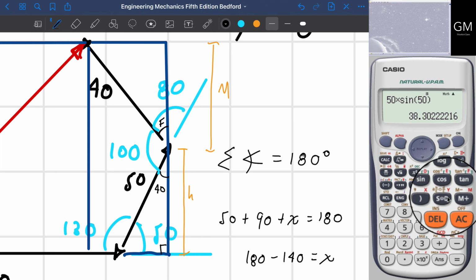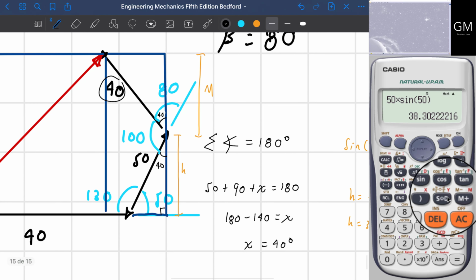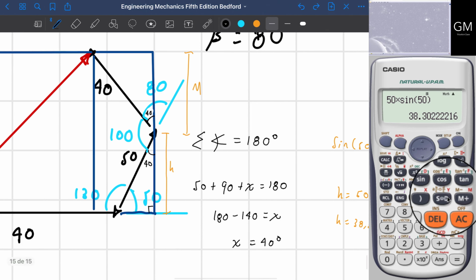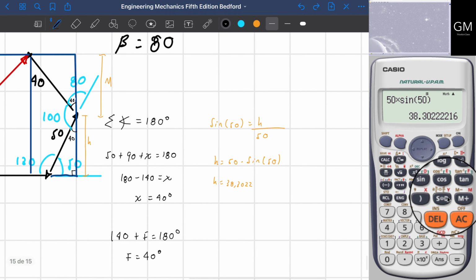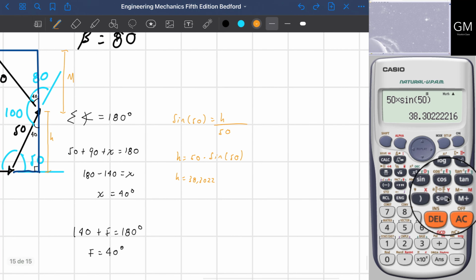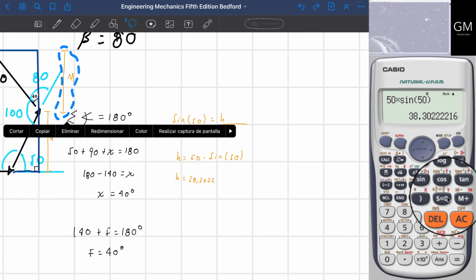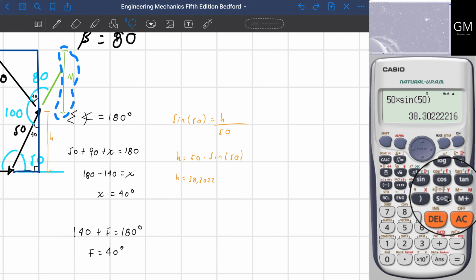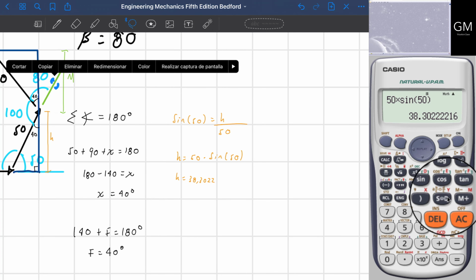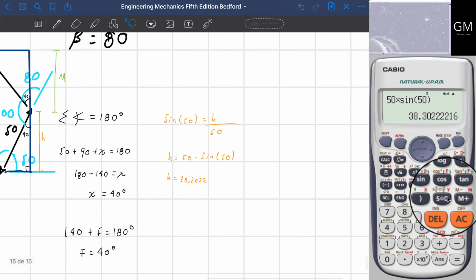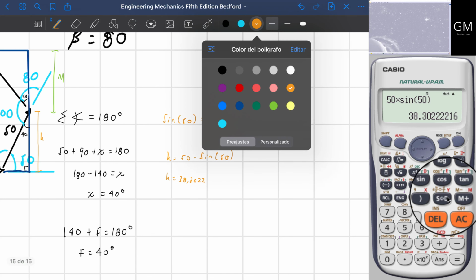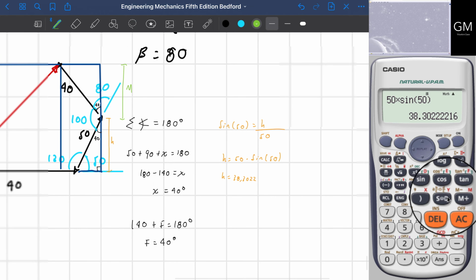I'm going to delete this 40 degrees. I already have one measure and I can get the m value. Let me change the color of m. Color green. This is still cyan. So I'm going to use cosine.